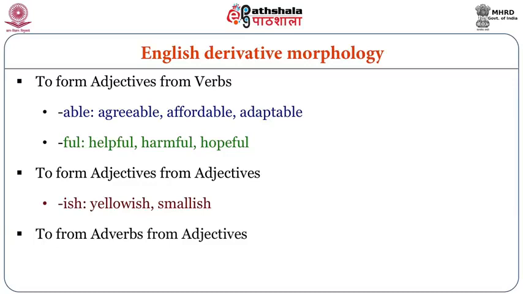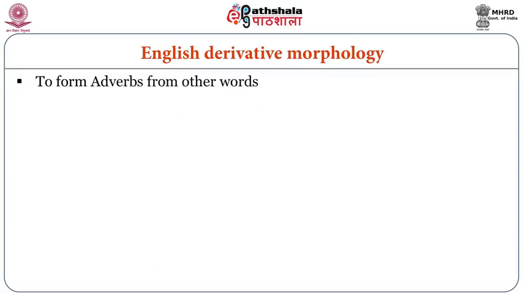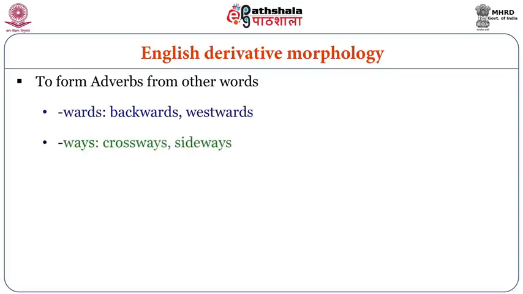To form adverbs from adjectives, we use ly: calmly, hopefully, quickly. Then we form adverbs from other words like backwards, westwards, and ways like crossways, sideways, etc. So this is known as English derivational morphology.